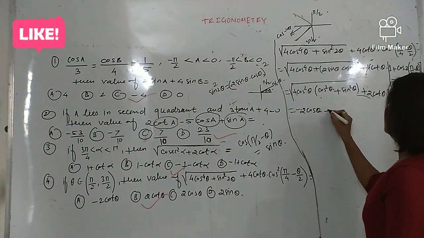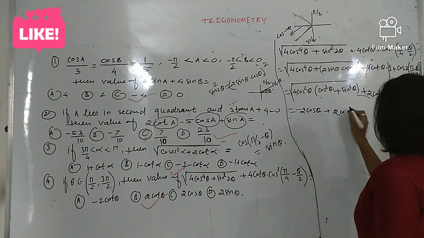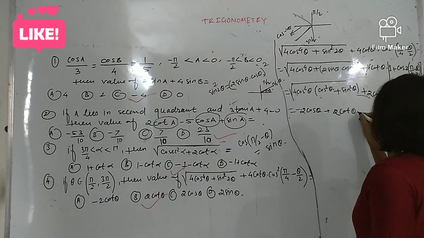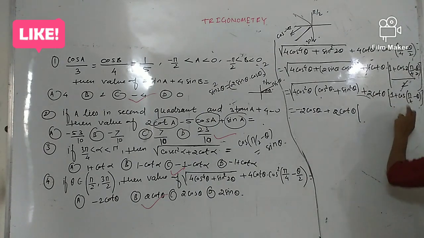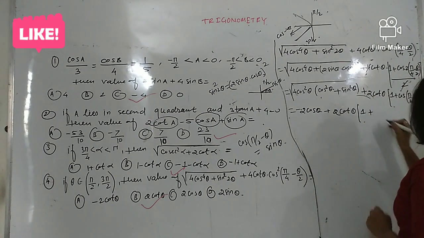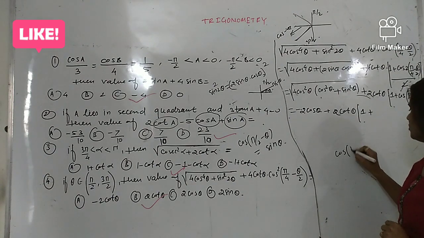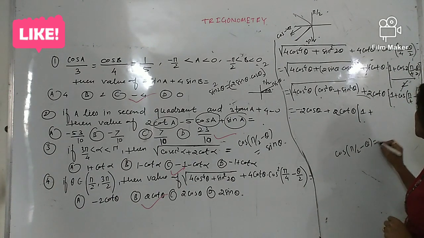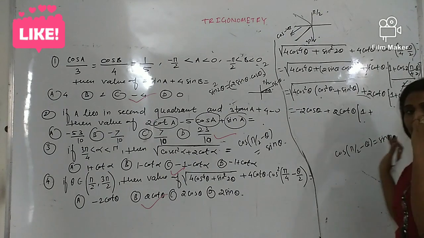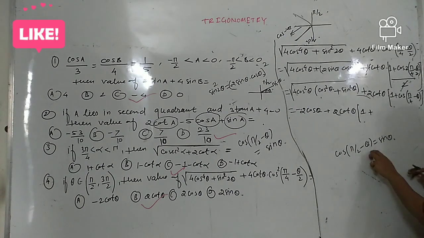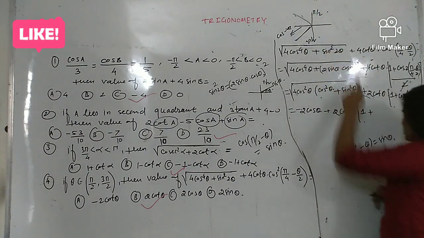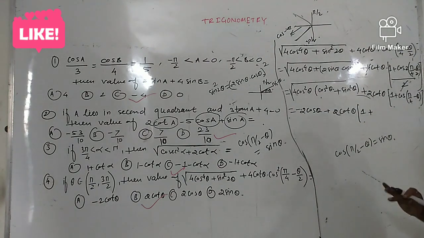Okay. Plus 2 cot theta, 1 plus cos of pi upon 2 minus theta. By the allied angle formula, cos of pi upon 2 minus theta has the value sin theta. And pi upon 2 minus theta is present in the first quadrant, so we have to go with the plus sign.